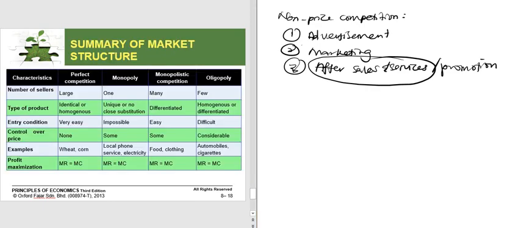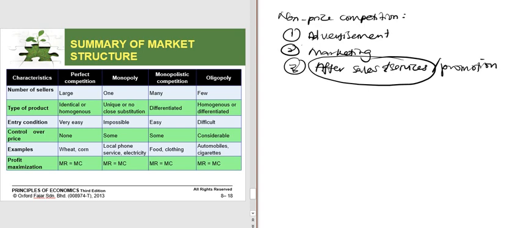Now let's look at the differences between the 4 market structures that we have learned from topic 7 and this topic in general. We have a few factors here. We have 4 market structures: perfect competition, monopoly, monopolistic competition, and oligopoly. And we have a few factors, the first being the number of sellers.